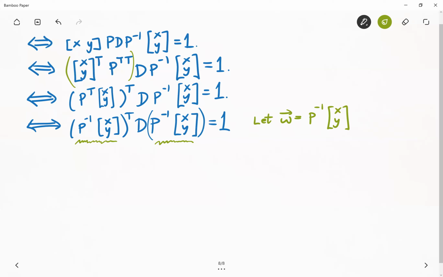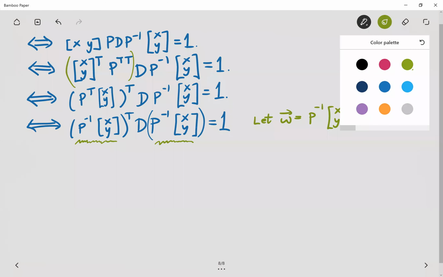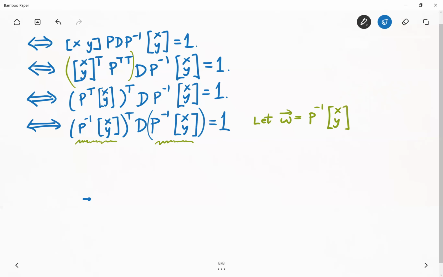And so what are we left with here? We're doing something called changing coordinates. And here I have W transpose times D times W equals 1.